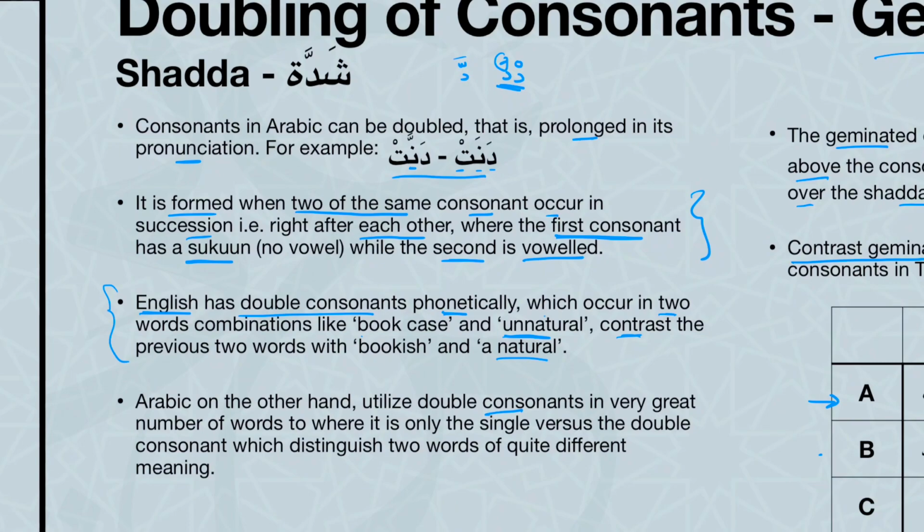Of course, it's not in the same word, but if you say the word bookcase, or unnatural, you would realize that the n sound and the k sound are doubled, or prolonged, compared to bookish or natural.